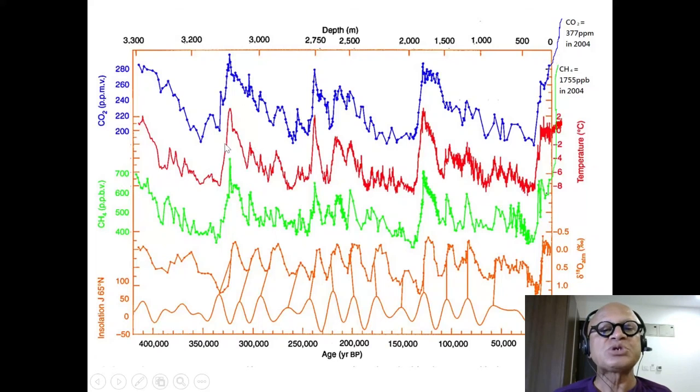Here, temperature leads by a little bit because the orbital changes change the insolation and increase the energy coming in.